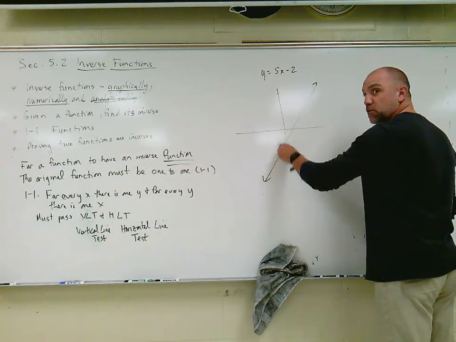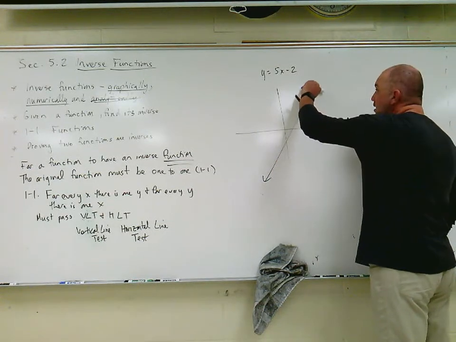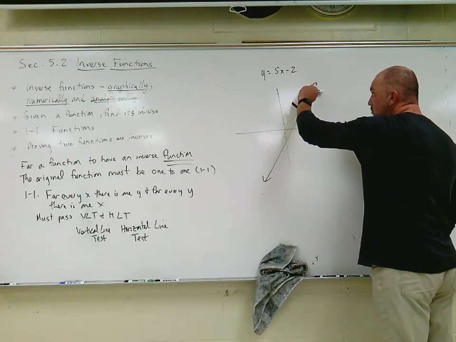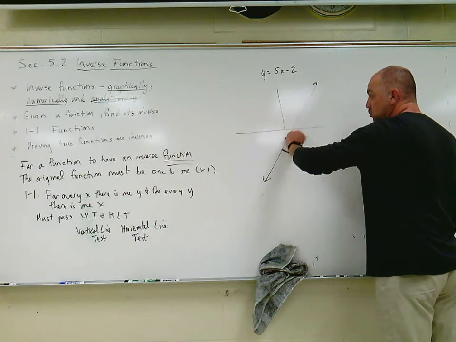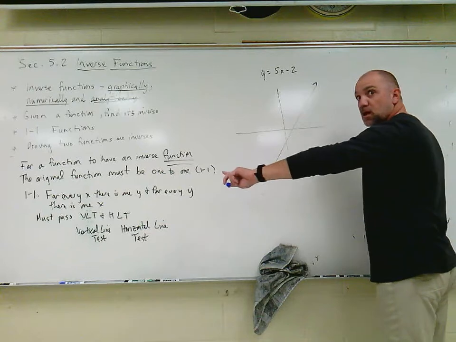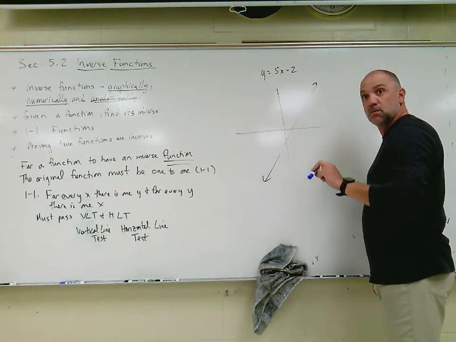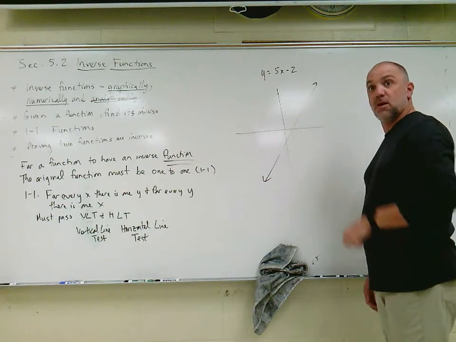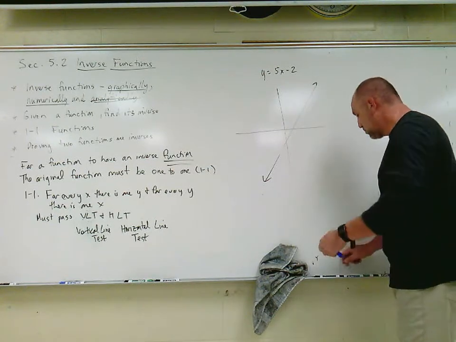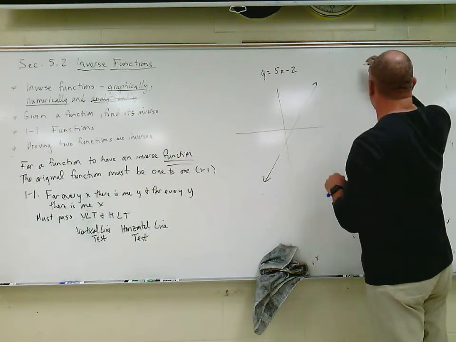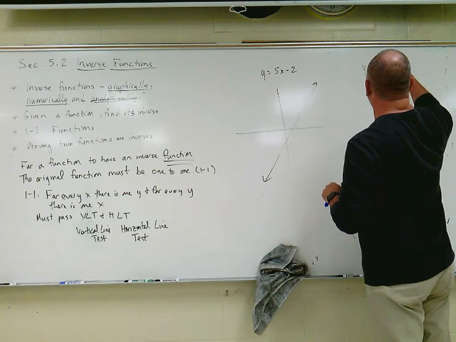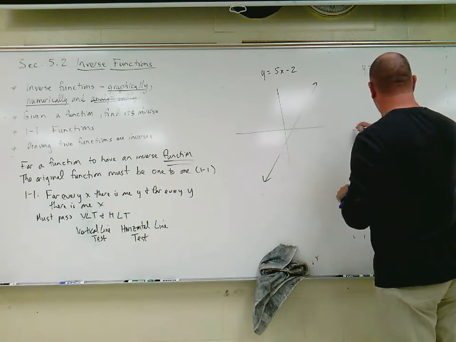So does it pass the vertical line test? And then is it 1 to 1? Does it also pass the horizontal line test? It means if I draw a horizontal line, it can only cross once. So is this 1 to 1? Yes, and thus it has a function that has an inverse. Remember your x cubed that we did. Let's just say I do x cubed plus 2. Let's look at that picture.